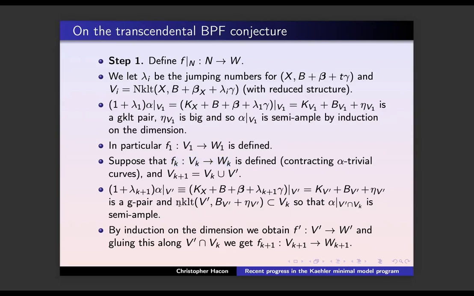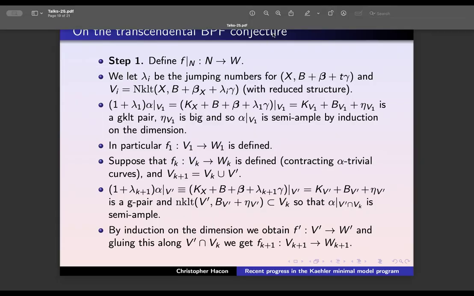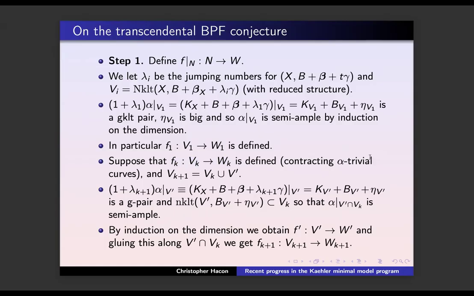What you use in that case is Nadel vanishing, which directly tells you that you have surjectivity from sections of your divisor on the ambient variety to sections of the divisor restricted to the non-KLT locus. So if your divisor on the non-KLT locus is generated, then on the ambient variety it is clearly generated in a neighborhood of the non-KLT locus. So that works very well. Here we don't have any divisor, we don't have any line bundle to extend sections, so it's definitely trickier.